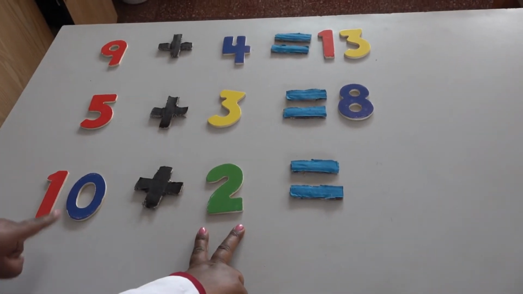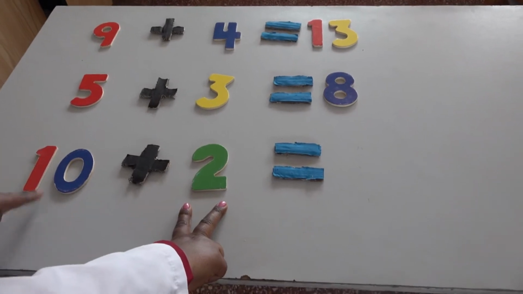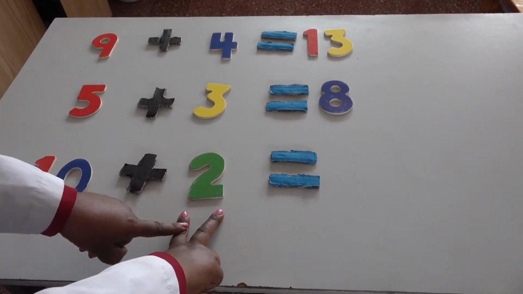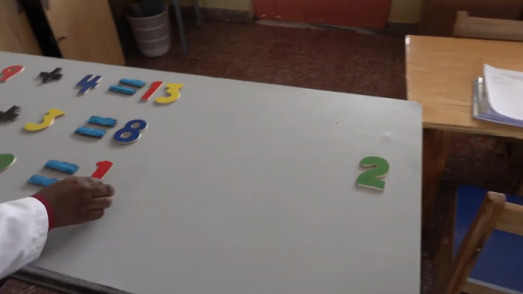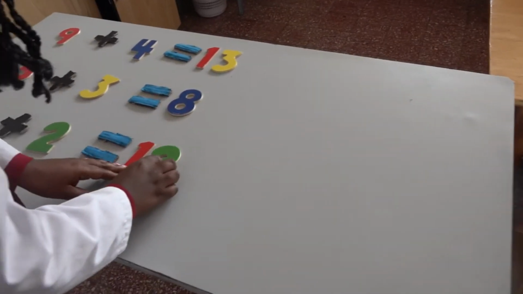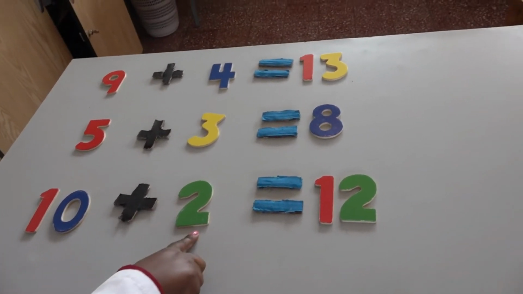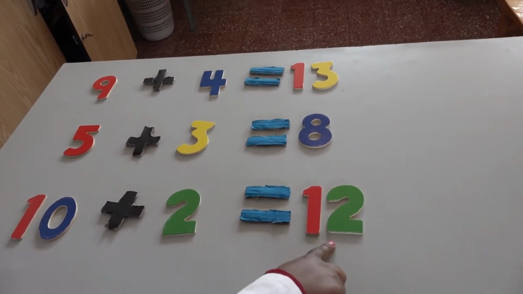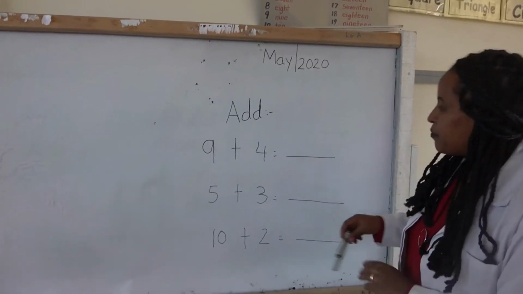Then start to count from the bigger number, which is 10. So 10, 11, 12. 10 plus 2 is equal to 12. Good. Let me show you on the board with the same numbers.